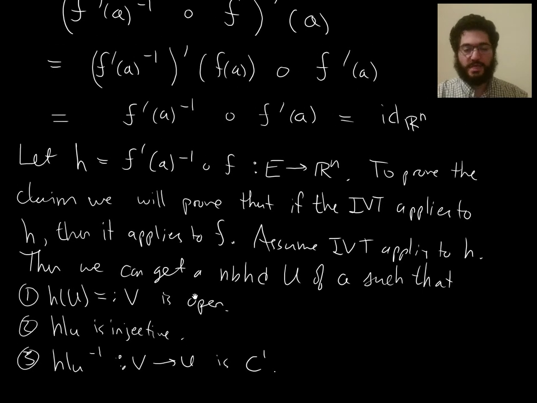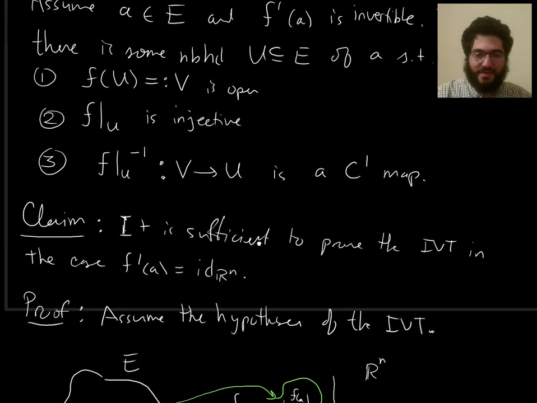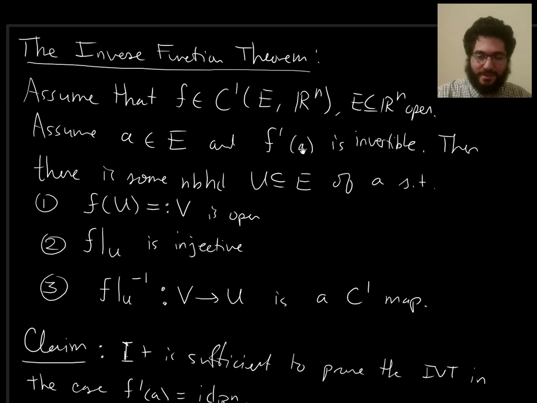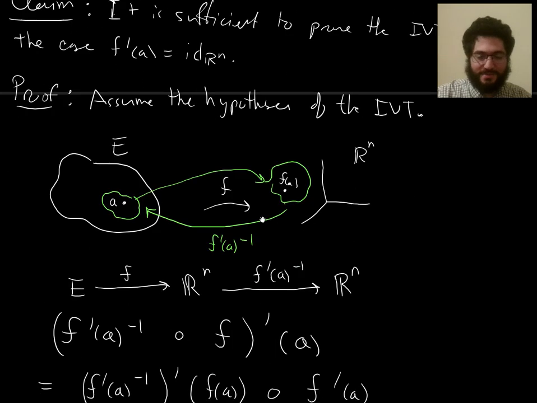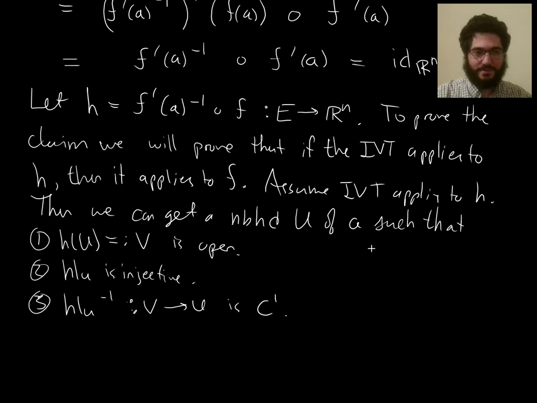Okay, so the goal now is to prove, using this fact, the same thing, but for F rather than H. Then we will have proven this claim, which says that it's sufficient to prove the inverse function theorem with the identity here in place of F prime A. Okay, I hope that's clear what the general strategy is. So now I just need to verify that all these hold for F.